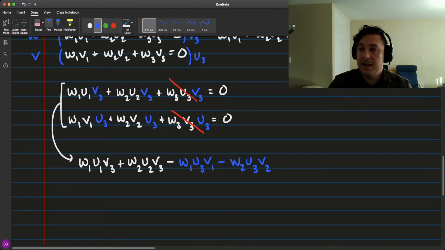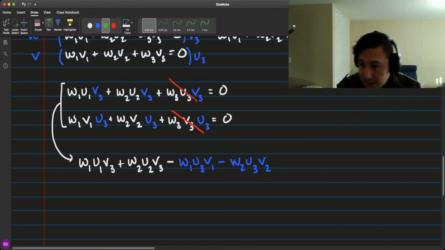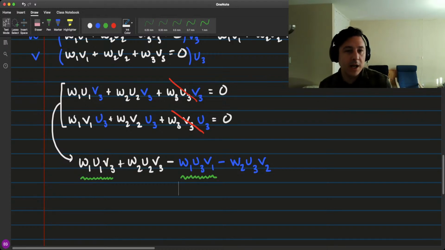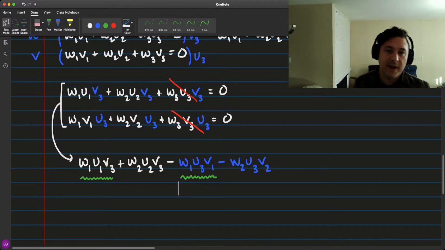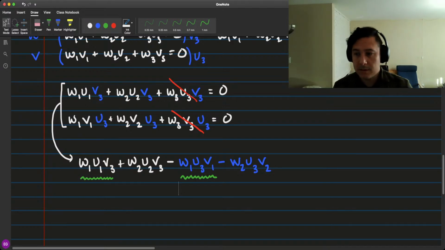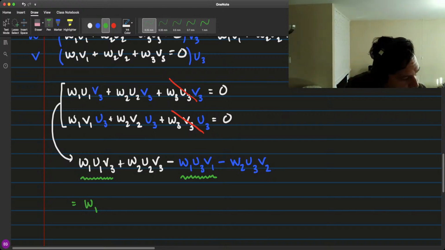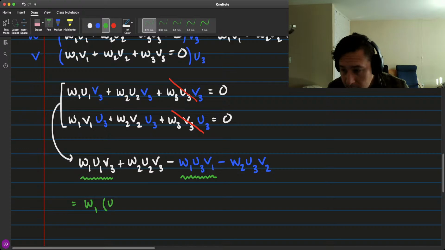Okay, now if you look, this term and this term, what do they share in common that you could factor out? Yes. So I'm going to factor out a W1, and I am going to get U1 V3 minus U3 V1.